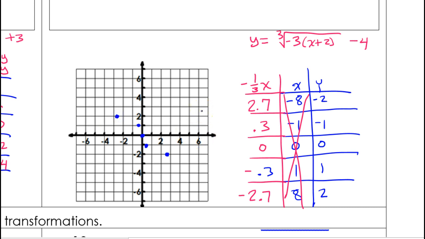Okay, now this is the parent function, so I still need to do these horizontal transformations. So I need to go left 2 and down 4.